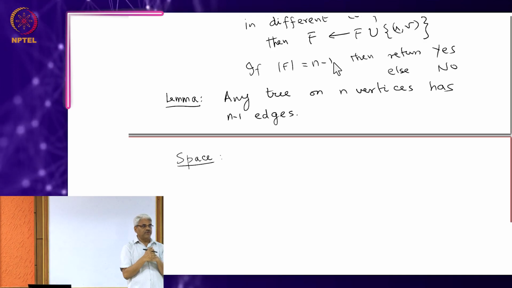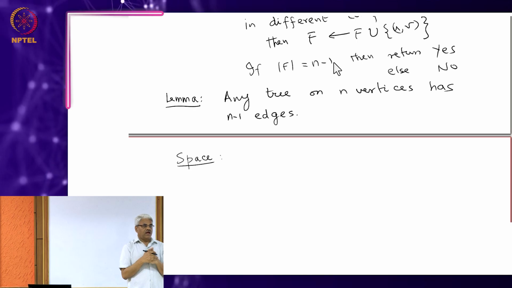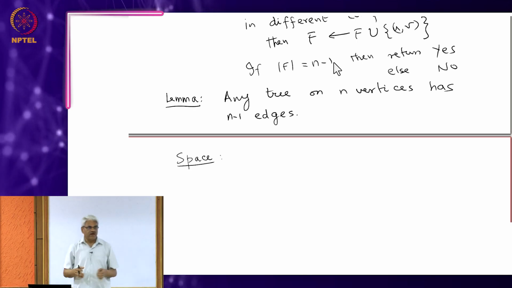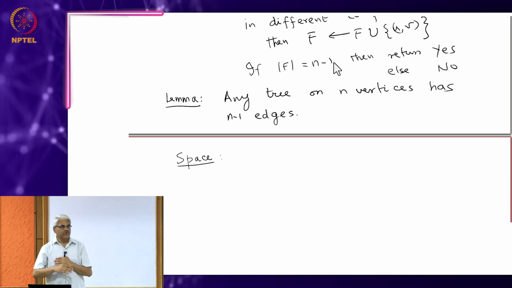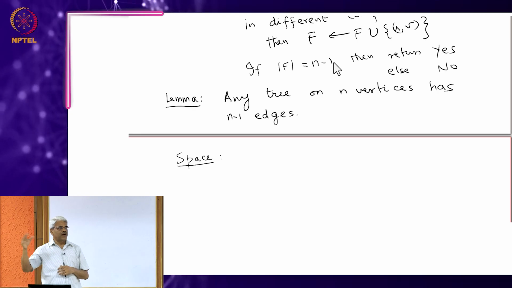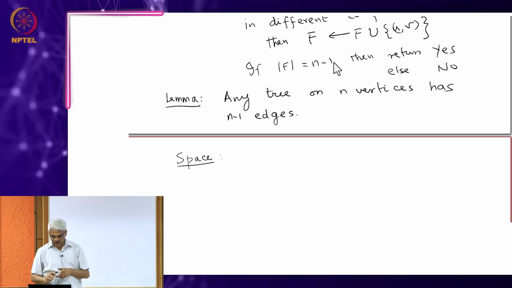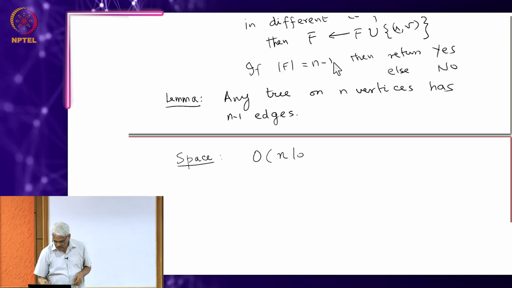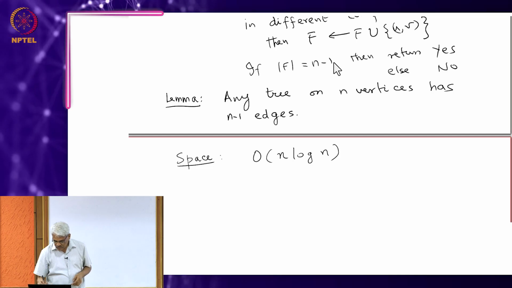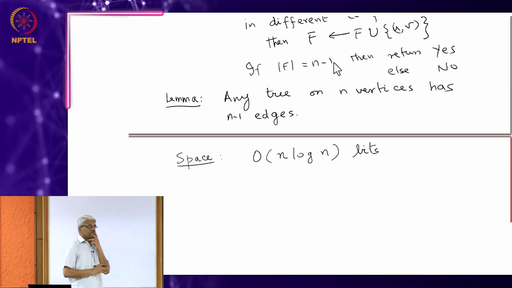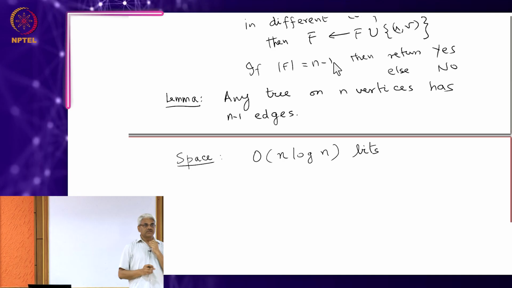So it takes about log n bits, and I store at most n minus 1 edges, because the moment I have n minus 1 edges, I know there is one component. I can keep on saying that the graph is connected for any other edge that comes. Okay. So the space is... questions?